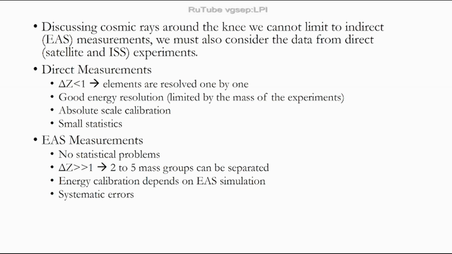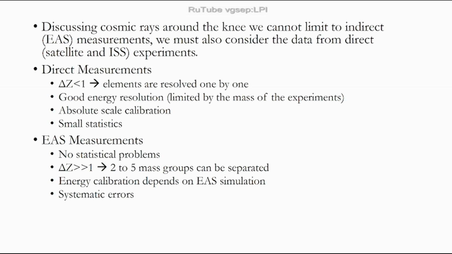Approaching higher and higher energies, even the direct experiments have to face the problem of the absolute energy scale calibration. I mean, a direct experiment can be easily calibrated. We can make an absolute energy calibration by exposing our detector to a test beam. But moving to higher and higher energies becomes more and more difficult, and we have no accelerator operating at very high energy.